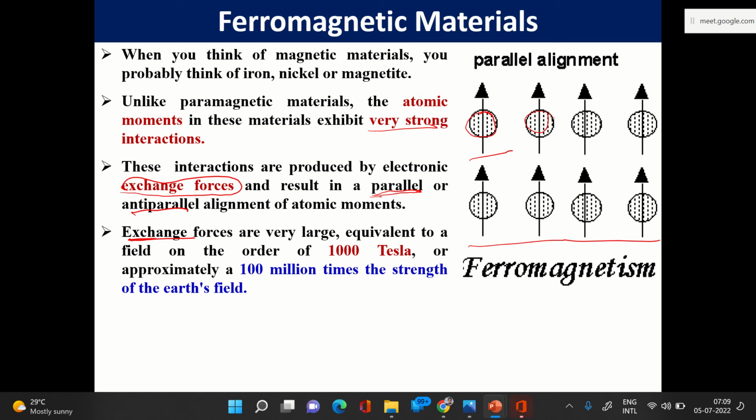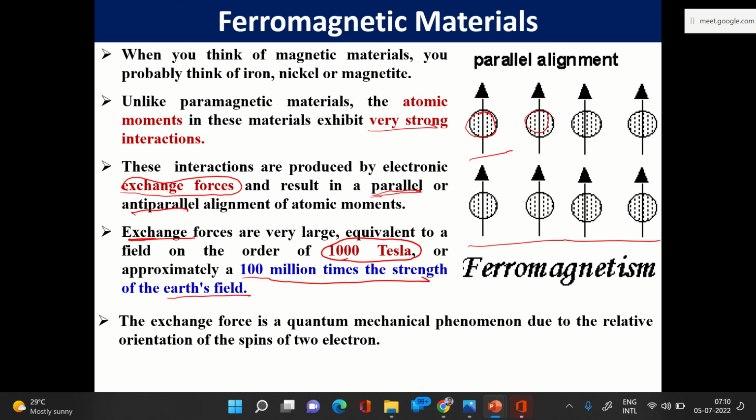It is very short range, but it is about 1000 Tesla, or about 100 million times stronger than the Earth's magnetic field. 1000 Tesla is a very big number, considering that the strongest magnet in the world, in the US, is 45 or 50 Tesla, the maximum that human beings have been able to make till now. So 1000 Tesla is a huge number.